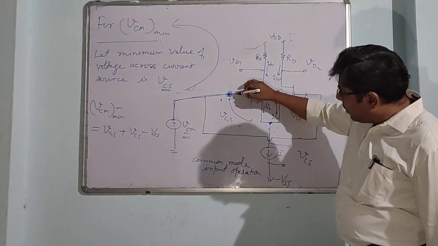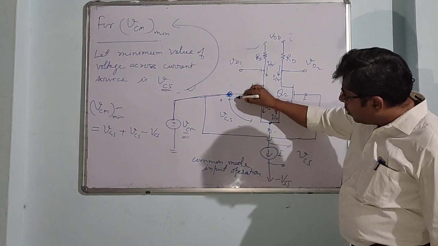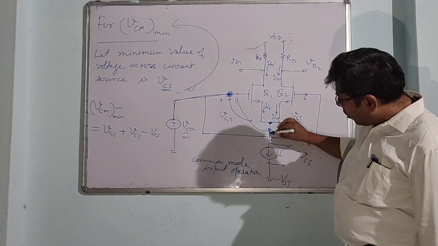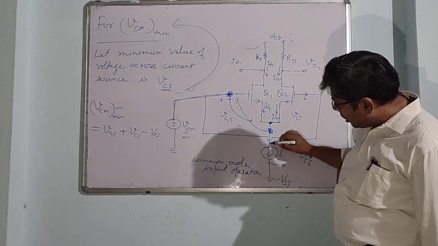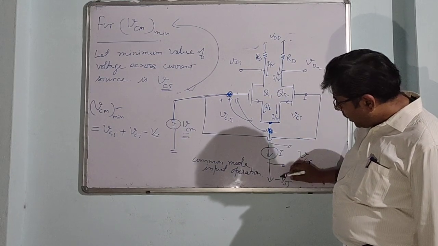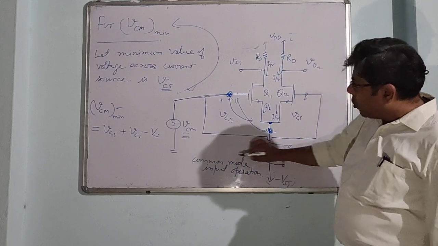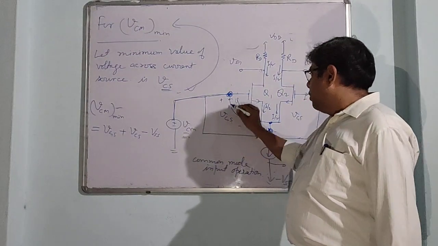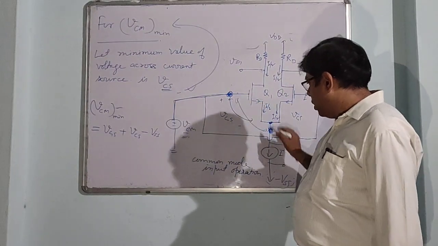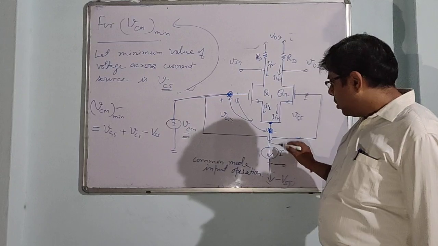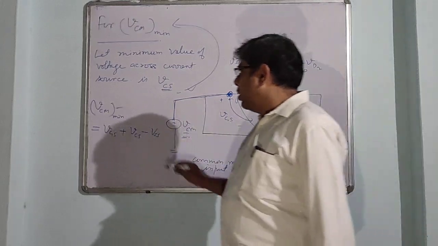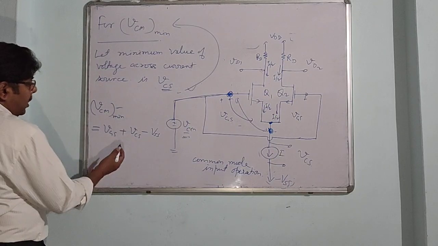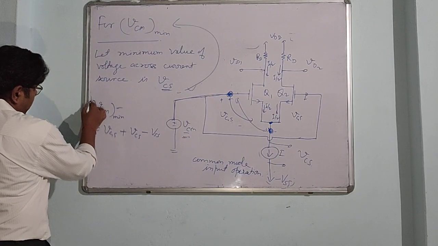First is the drop from gate to source, then the drop across this current source, and then the supply voltage. So in this closed loop we have three drops. So this is the minimum voltage required.